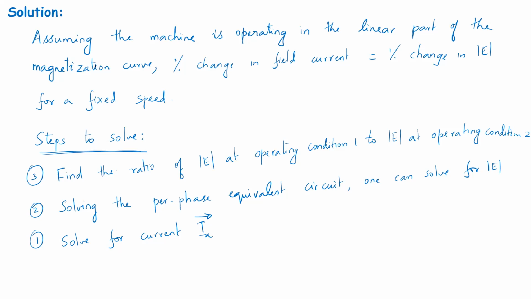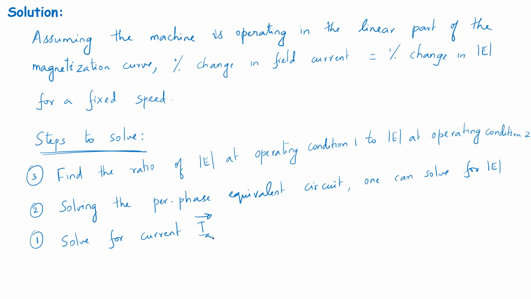Okay. So because we made an assumption that the machine is operating in the linear part of the magnetization curve, we have changed the problem statement itself. The original problem statement asks us to solve for percentage change in field current, based on the assumption and the implication that the machine is operating at fixed speed. We have modified the problem statement into determining the percentage change in excitation EMF E. And once we have modified the problem statement to a new objective, we can follow 3 steps.